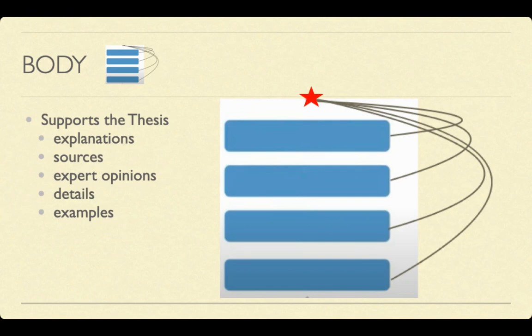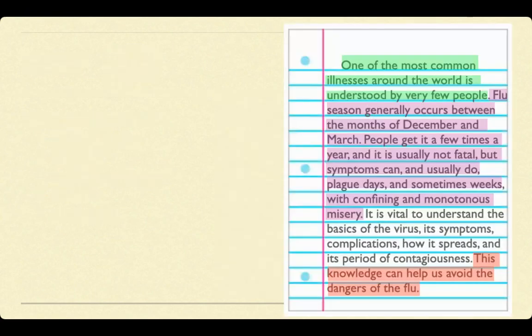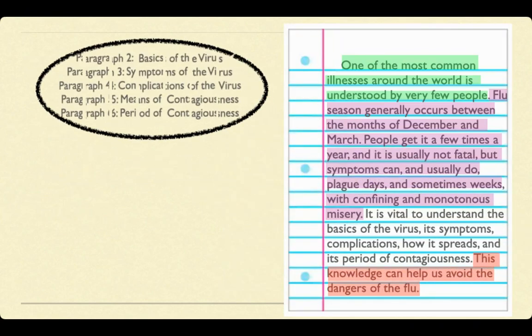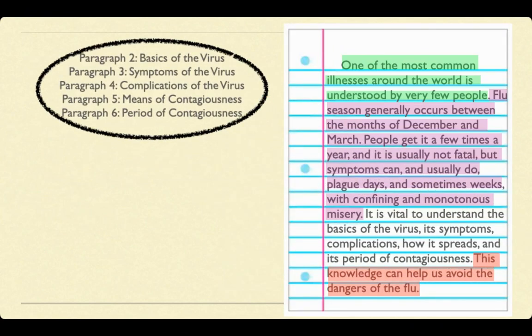Let's go back to our first sample essay, the definition expository about the flu virus, and examine its body paragraphs. Notice that within the introduction paragraph, the writer of this essay informed us of the specific topics, or subtopics, I should say, that will be discussed: basics of the virus, symptoms of the virus, complications of the virus, means of contagiousness, and period of contagiousness.